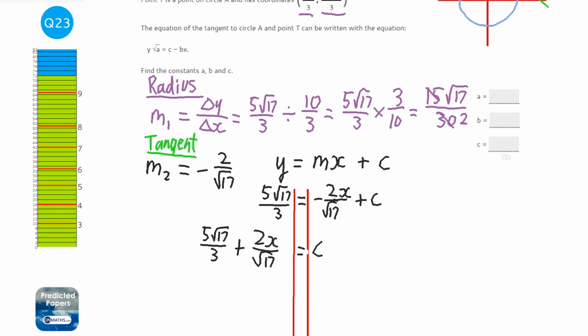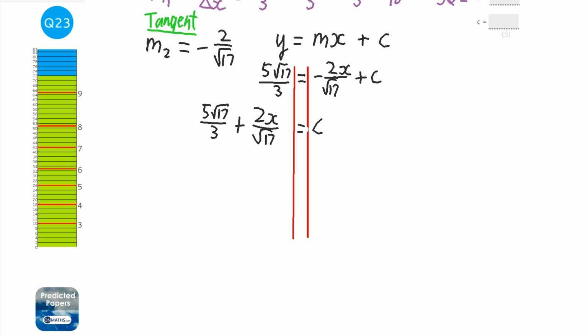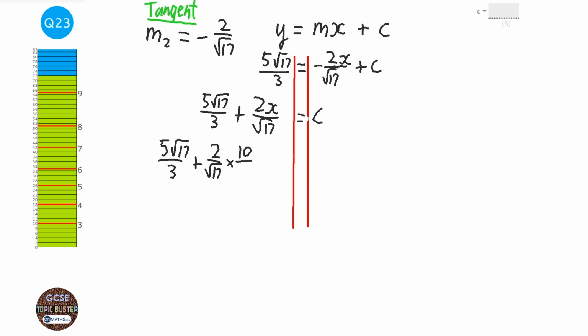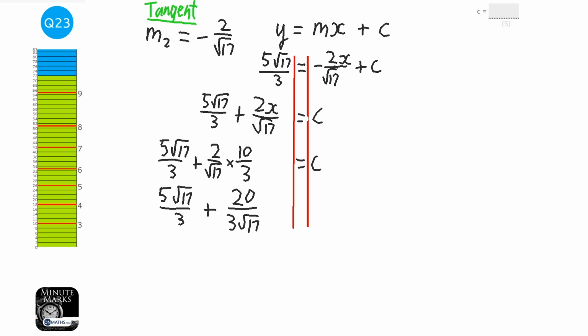But I'm going to substitute that x in, and so that x is 10 over 3. So it'd be 5 root 17 over 3 plus 2 over root 17 times, and let me just get that x coordinate, 10 over 3, equals c. So I'm just going to sort that bit out. So 2 times 10 is 20, and then 3 root 17. Okay, let's extend these lines a little bit.